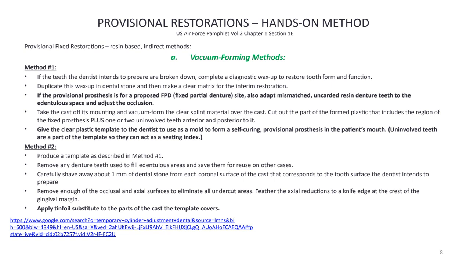And once we have this done, we can remove it from the vacuum unit, let it cool and set for a few minutes, and then we can cut it and trim it, taking out the excess clear aligner material.